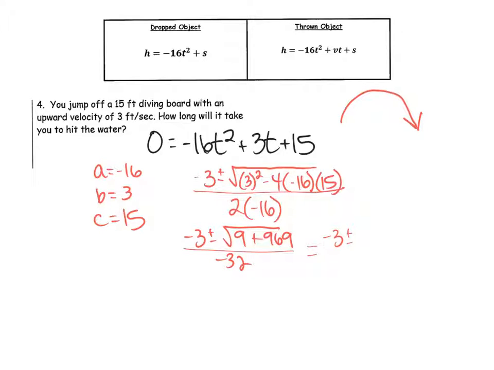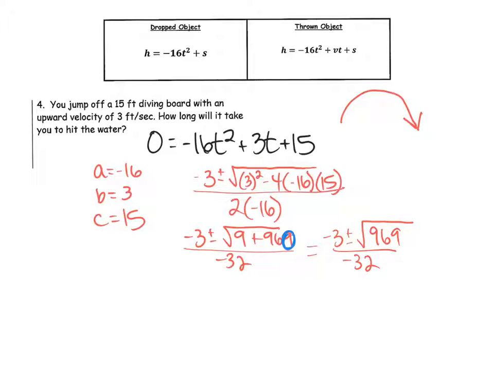Okay, one thing, you guys. This is actually 960. Together they make 969. I apologize. So fix that real quick on your paper. It's going to be the square root of 969 all over negative 32.